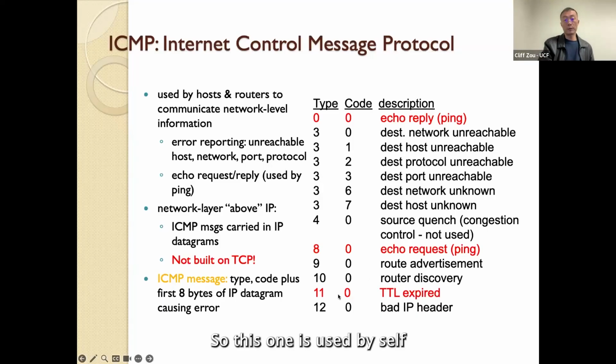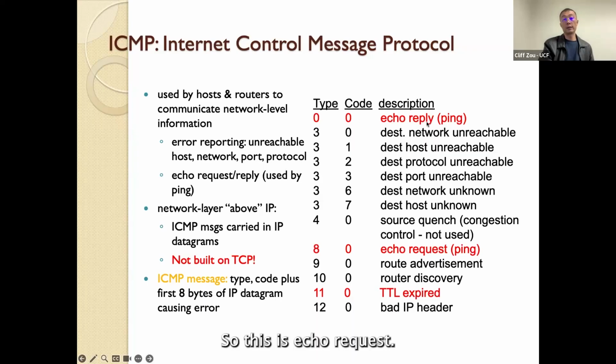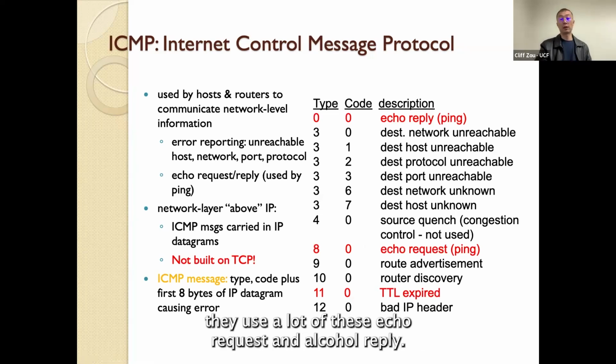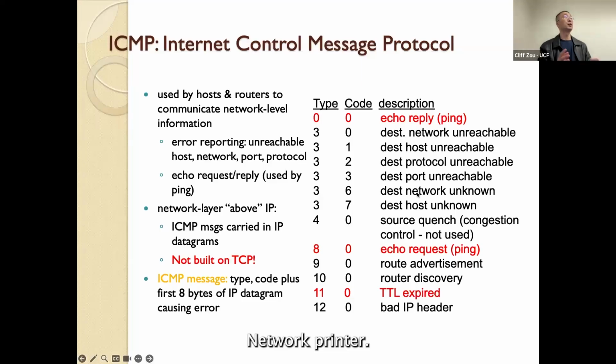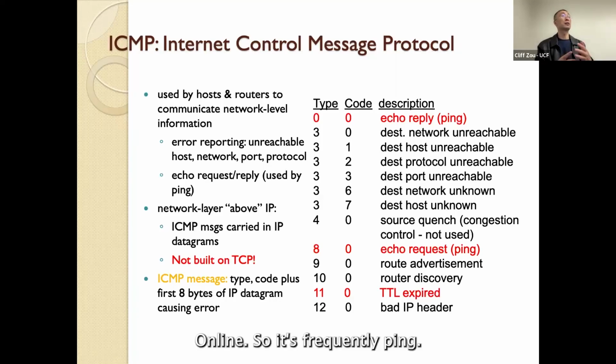This one is used by itself, while echo reply and echo request are usually used as a pair. This is echo request, and this is echo reply. Right now, network printers use a lot of these echo requests and echo replies. A network printer uses them to tell all the remote computers that it is online, so it frequently pings.